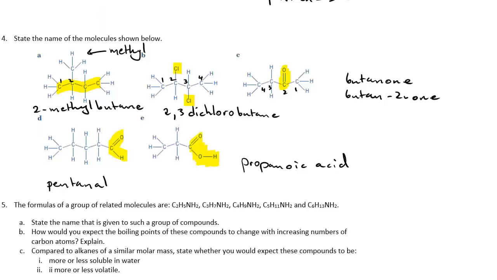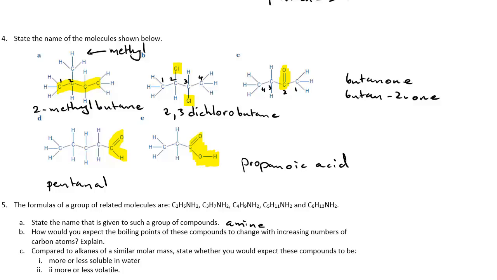Question 5. The formula of a group of related molecules are all these. State the name that is given to such a group of compounds. Well, anything with an NH2 group is called an amine.